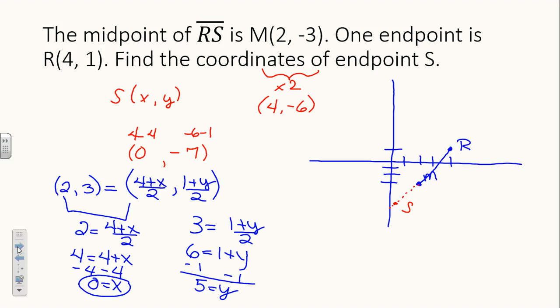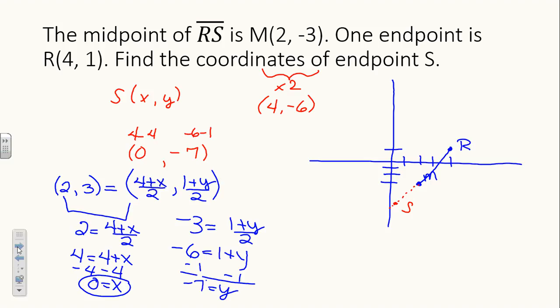This was a negative 6 to begin with, my fault. My midpoint, I did something wrong. It was a negative 3 to begin with. So it should be negative 7. Nobody caught my mistake. If I make a mistake, let me know. Does that make sense to everyone?